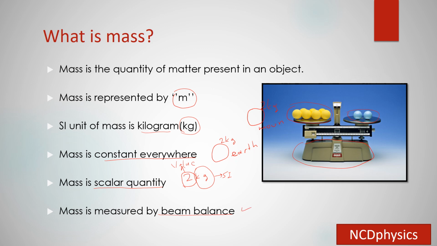So what we see then: mass is the quantity of matter present in an object. Mass is represented by m. The SI unit of mass is kilogram. Mass is constant everywhere. Mass is a scalar quantity, and mass is measured by a beam balance.